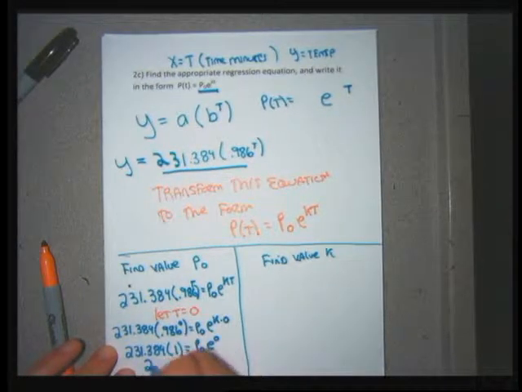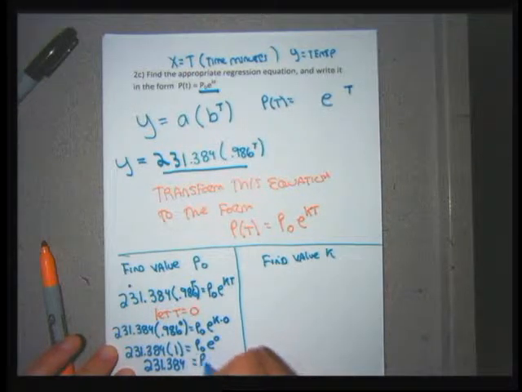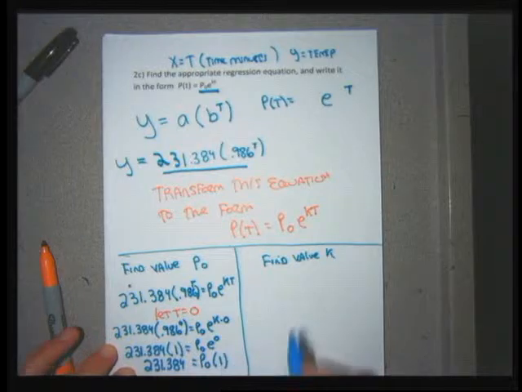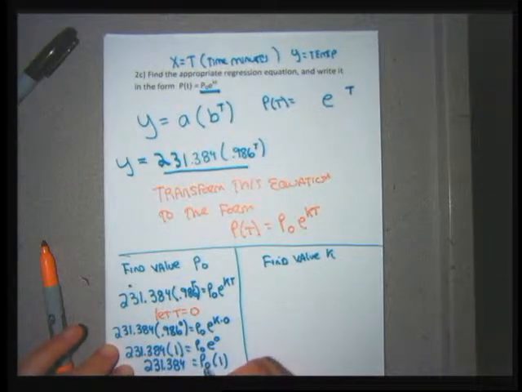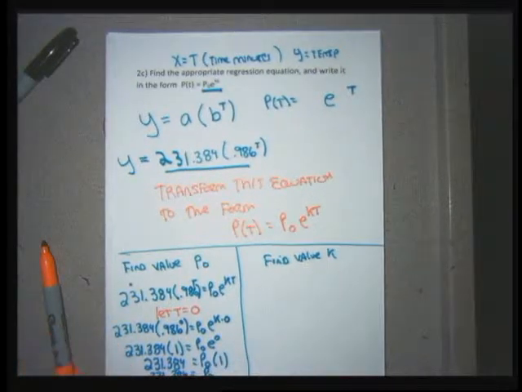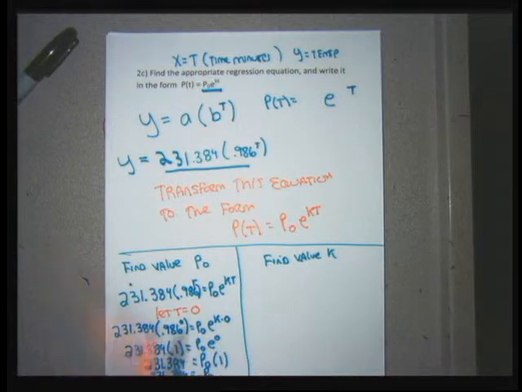Left side's going to give me 231.384. Right side's going to give me P sub 0 times 1, because e to the 0 is 1. And this gives me P sub 0 equals, or the initial temperature according to the formula, is 231.384 degrees. So I've figured out a value for P sub 0.